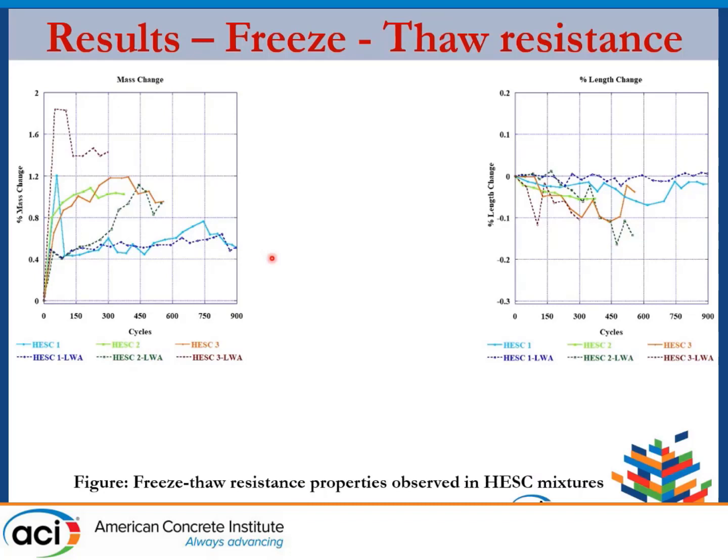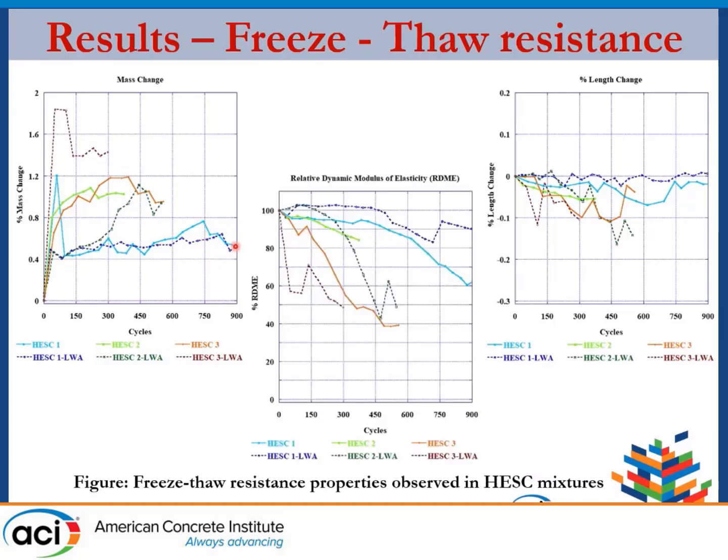The freeze-thaw resistance was determined by running the samples until they broke down in the freeze-thaw chambers. About 6 to 8 freeze-thaw cycles were conducted every day, and we can see that the samples with the HESC3 admixture combination showed the least freeze-thaw resistance as compared to the samples with the HESC1 admixture combination.